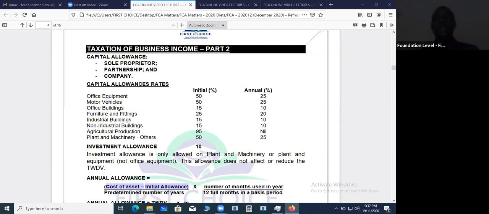Now, what is the significance of this rate, annual allowance rate? This annual allowance rate helps us to know how many years an asset should be put into use. Now, motor vehicle is 25%. How many 25 can you get in 100?